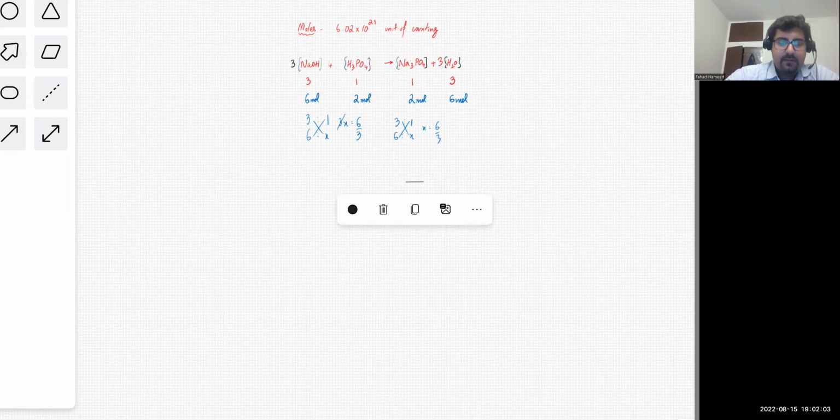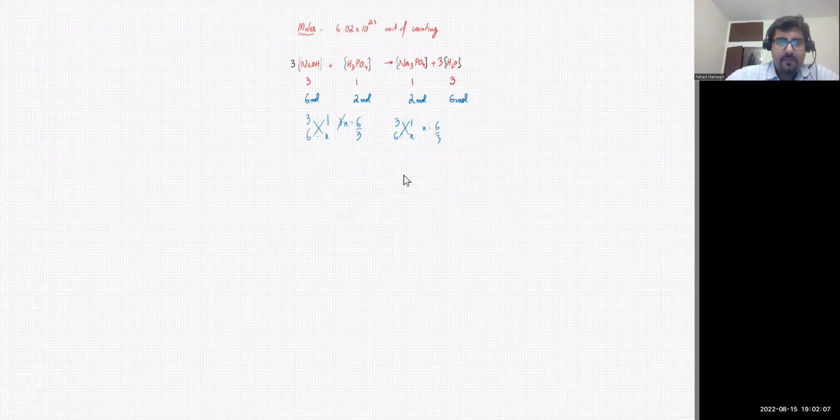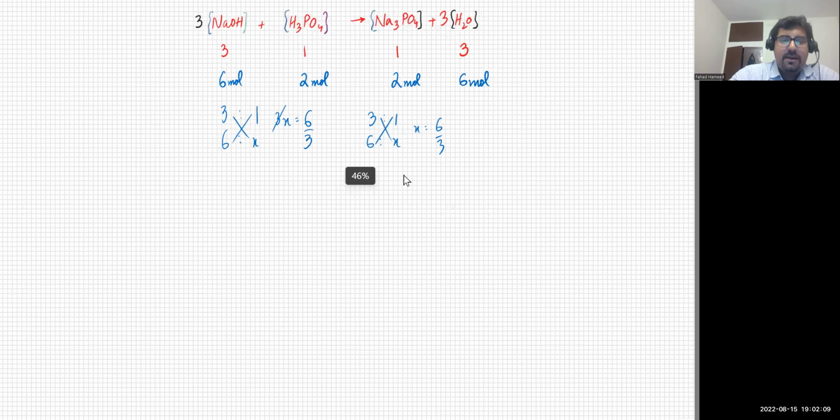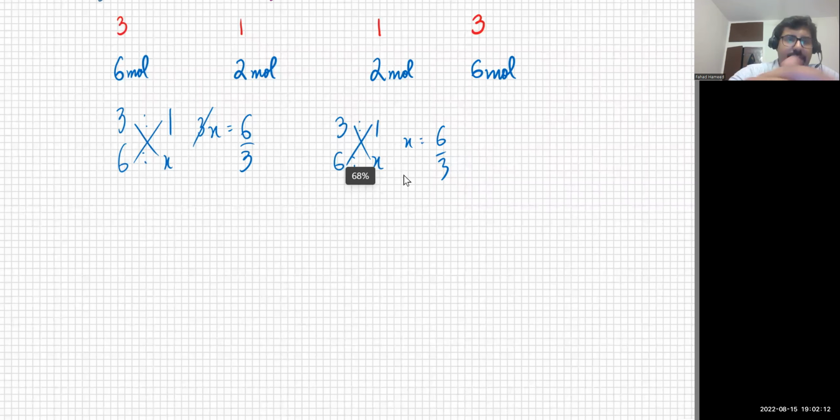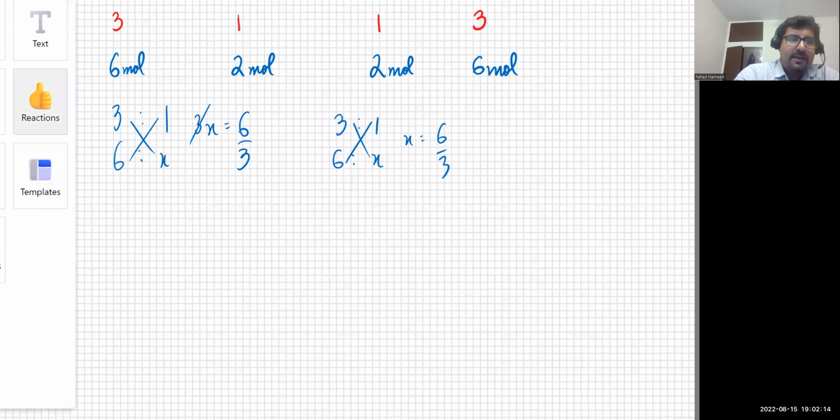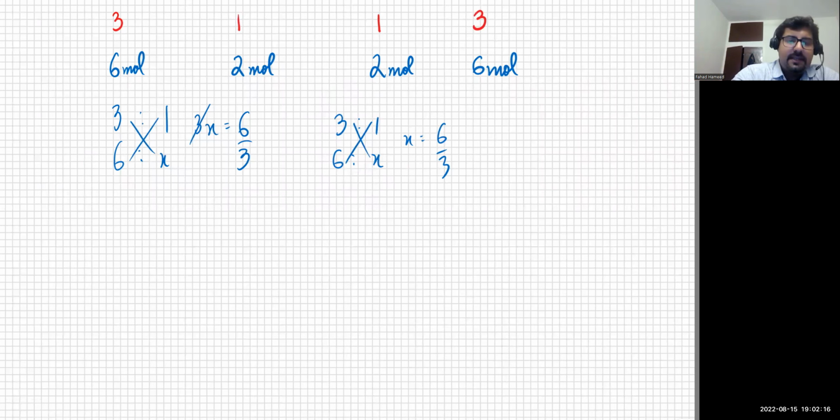So I'm going to do another equation, and this time make sure you have a calculator with you. Now this other equation, I think I gave you this question last time.